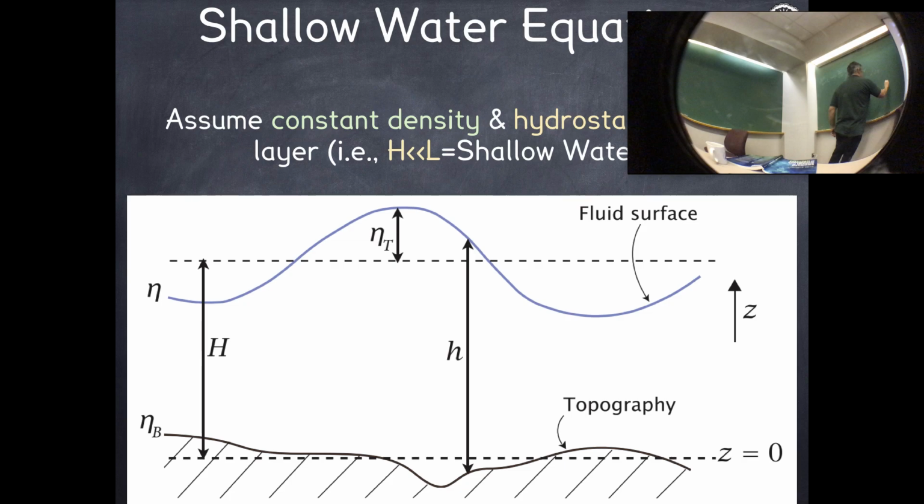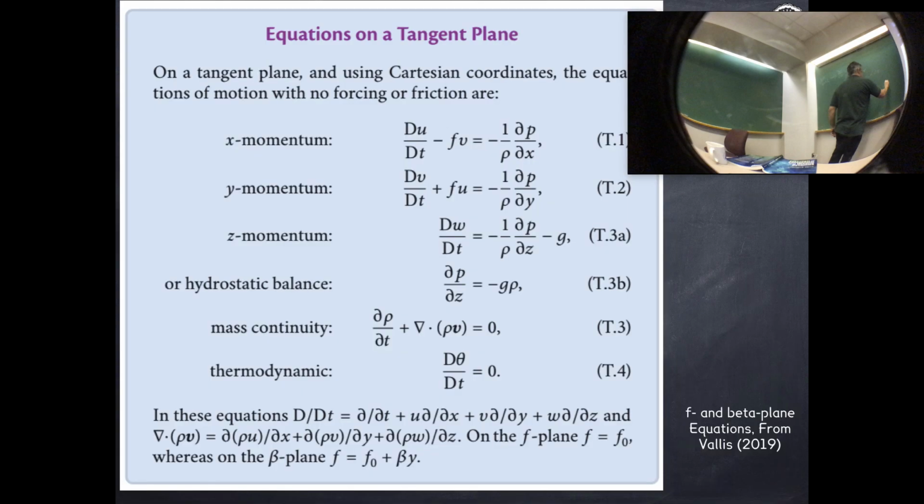Okay. So let's go back to our equations of motion. We used this equation, and that's how we got this. We just solved for pressure now. So this is the equivalent of the hydrostatic balance. We don't need the hydrostatic balance beyond this solution.